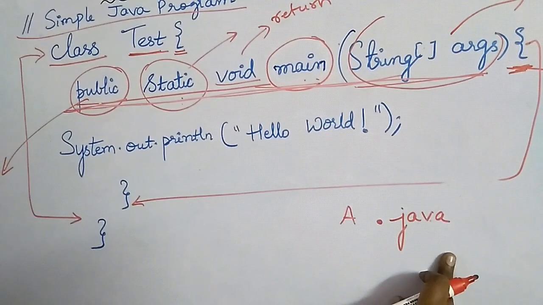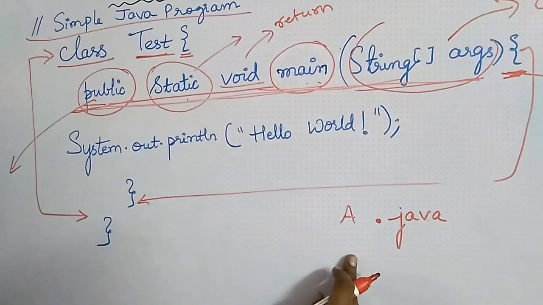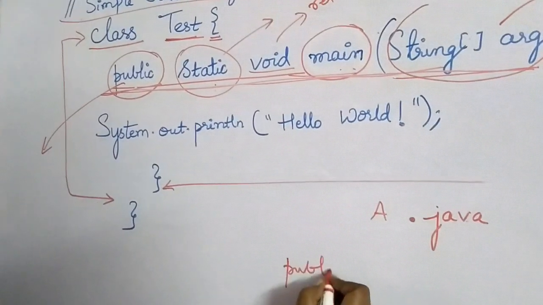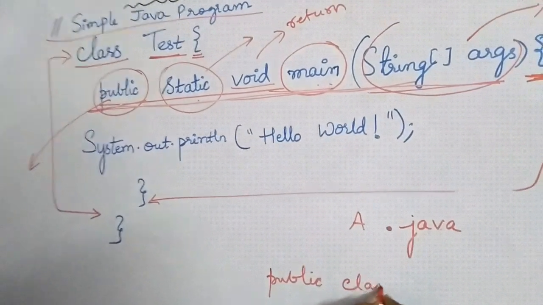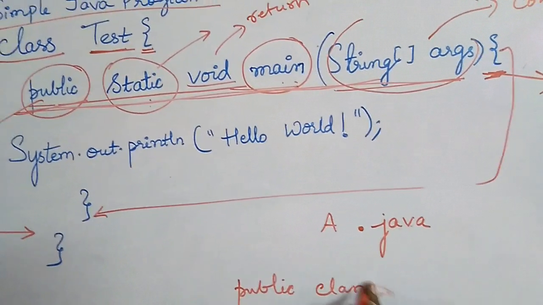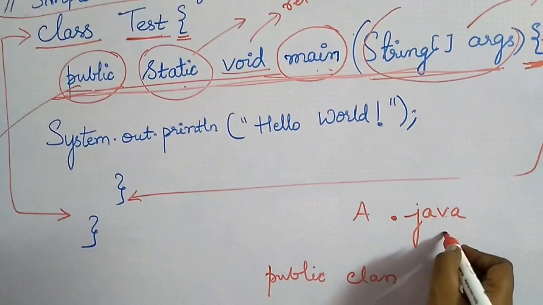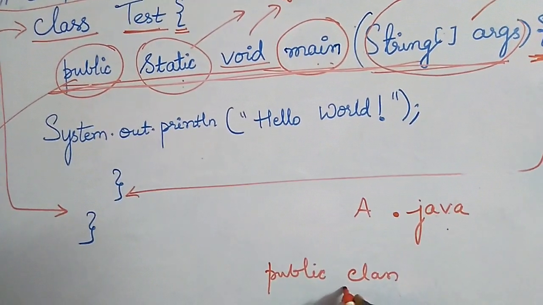It is okay. But the problem is that if you are having any public class inside your program, then the name of the file should be named after the name of the class.